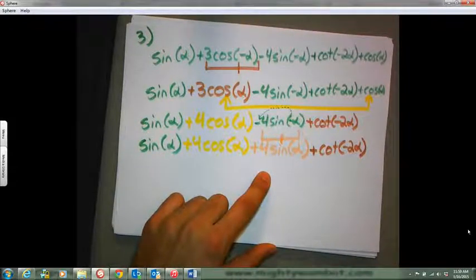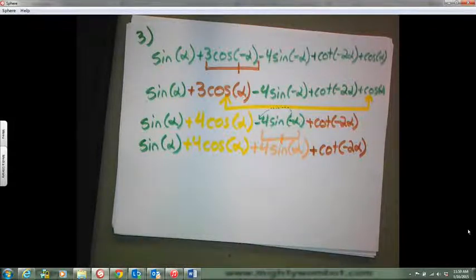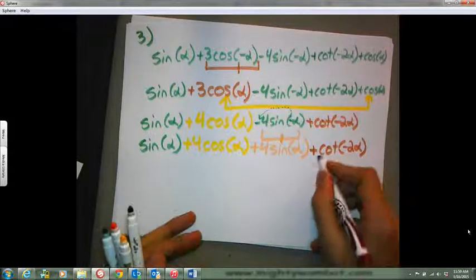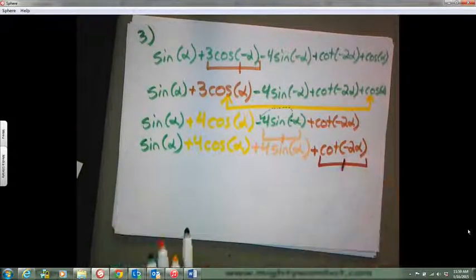And the last piece I'm going to handle is this right here. Oh, before I do that, now that I've underlined it, let me just do that.